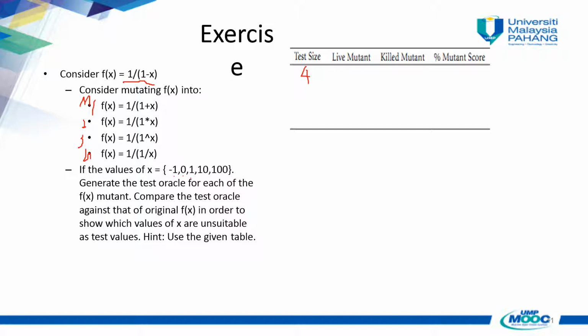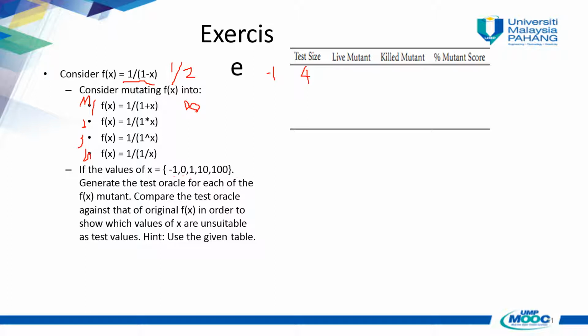So we will test the value of X. When X is -1, we have 4 mutants. When X is -1, it will produce 1 over 1 minus minus 1. It will become 1 over 2. This is the result. And here, if we apply -1, 1 plus -1, it will be 1 over 0. 1 over 0 is infinity.